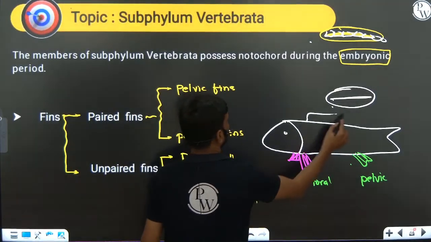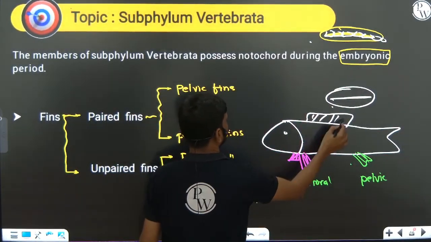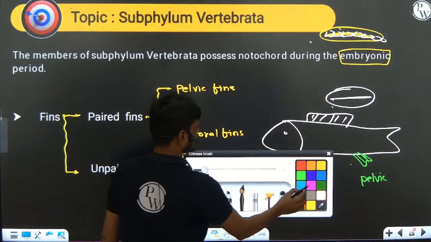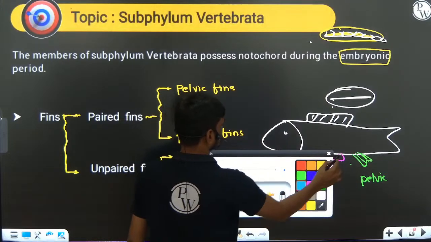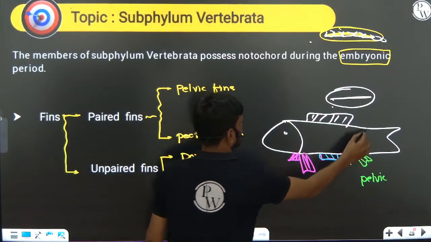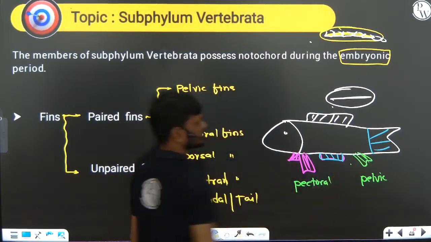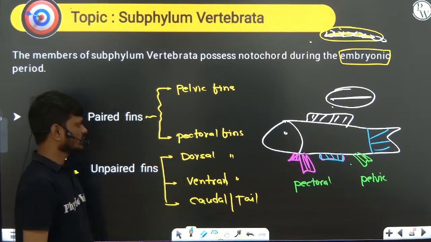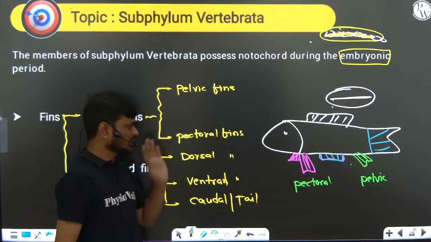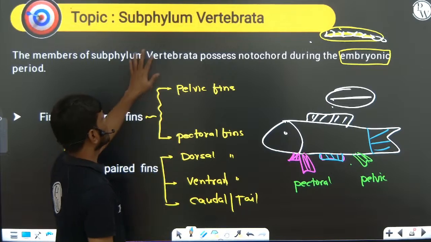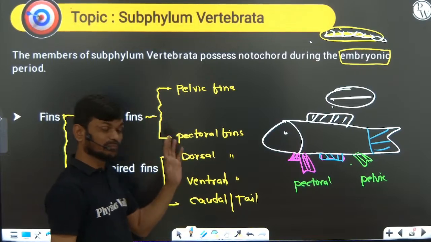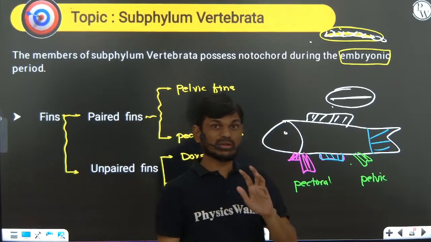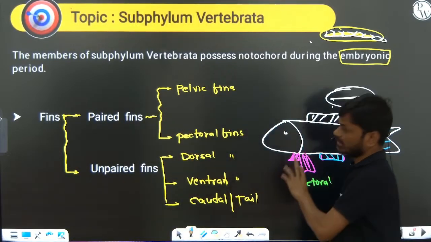And this is the dorsal fin, this is the ventral fin, and this is the caudal fin. So paired fins and unpaired fins are both present in vertebrates. Very important. One question is there in cyclostomata, so that's why I explained this.